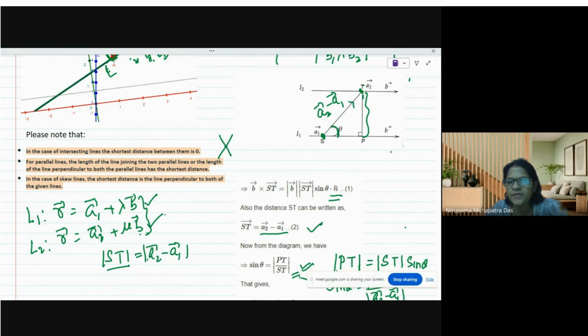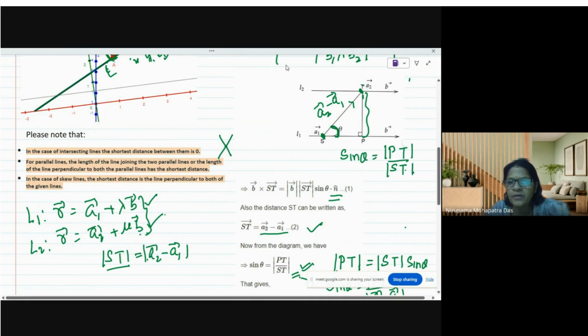Now theta is here, like A2 minus A1, just like the previous case you can find. Now in this triangle, you can see sine theta equal to what? Sine theta equal to PT divided by ST, or magnitude of this by magnitude of this.